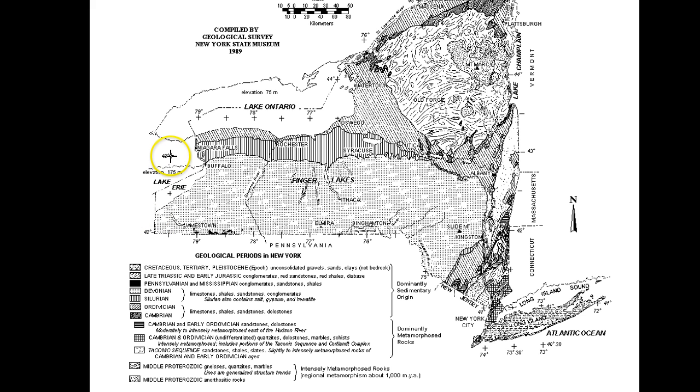Moving upwards, we have 43 degrees on the west side, and it runs across, excuse my crooked line, to 43 degrees over here. 44 degrees, again, meets up with 44 degrees on this side. And we have 45 degrees, which is at the very north of New York State, and it runs across the top. Okay, so there's our lines of latitude.